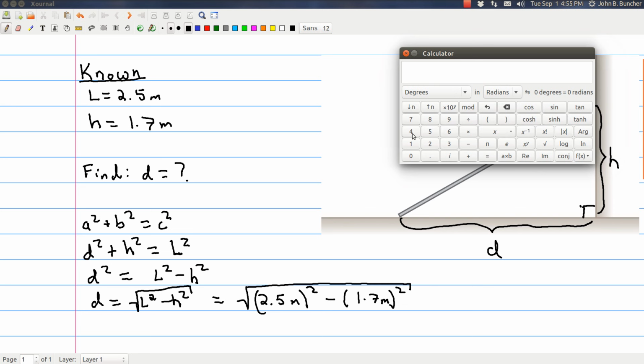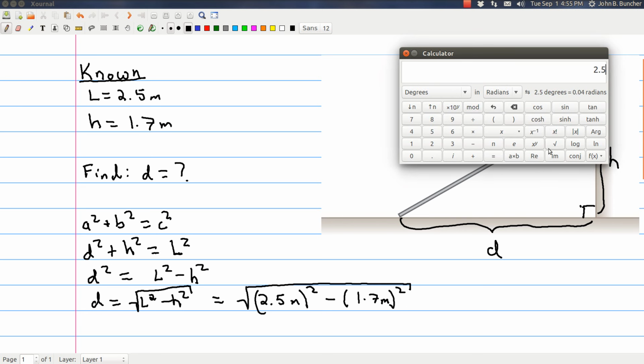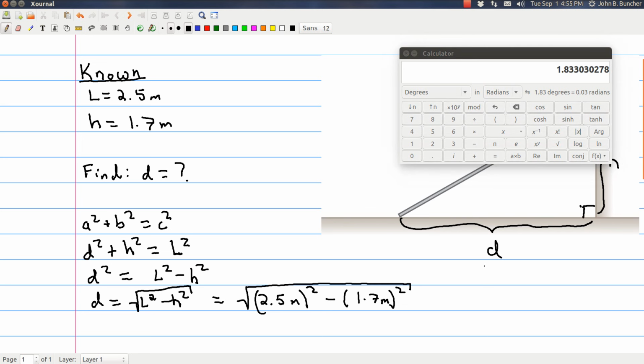So we got 2.5 squared minus 1.7 squared. And then we need to take the square root of that answer. So we want to do the square root of our 3.36. And we get 1.833, and that's in meters.